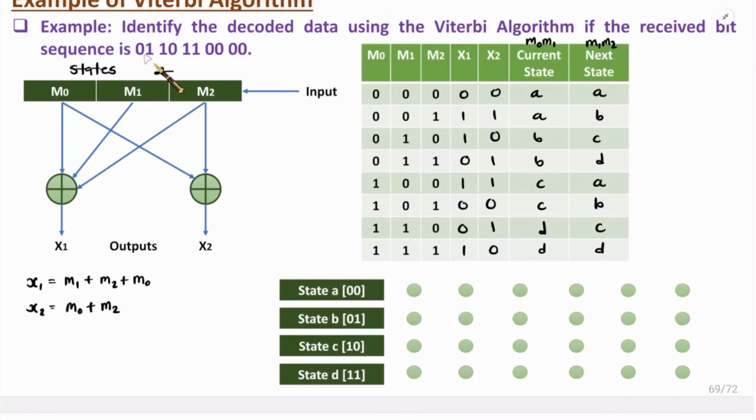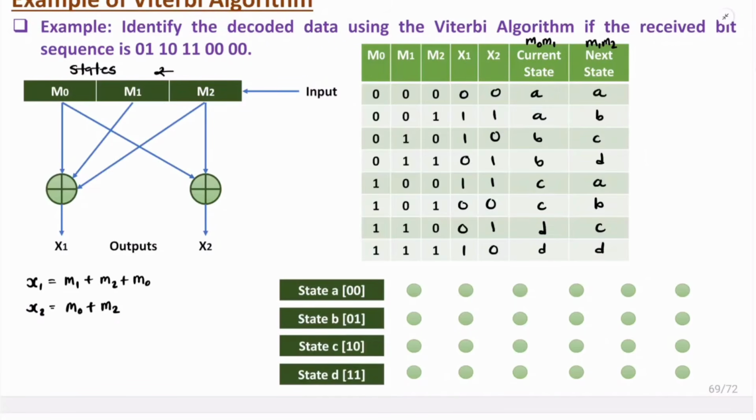So in total 5 combinations are there. The reason is output is X1, X2, so 2-bit combination that you need to consider. So here for 5 combinations, I have repeated state A, state B, state C, and state D with 5 combinations you can observe. Now let me plot trellis diagram.